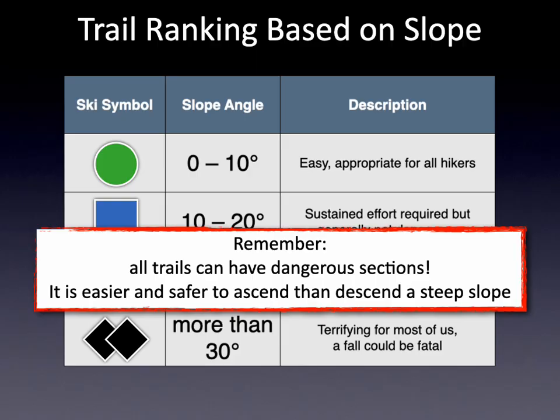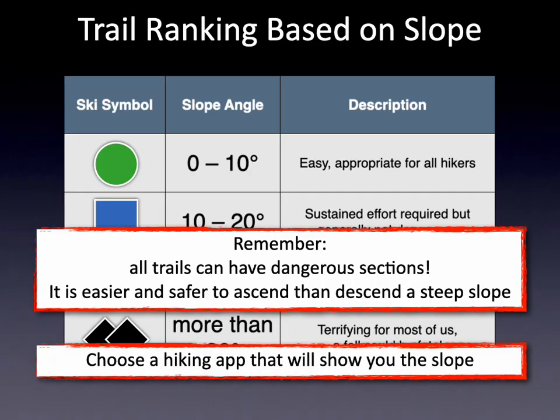And secondly, remember that it's always easier and safer to ascend a steep trail than to descend a steep trail. And again, choose a hiking app that will show you the slope, and then you can evaluate whether it's a trail that you're going to feel comfortable on and confident that you can arrive safely.